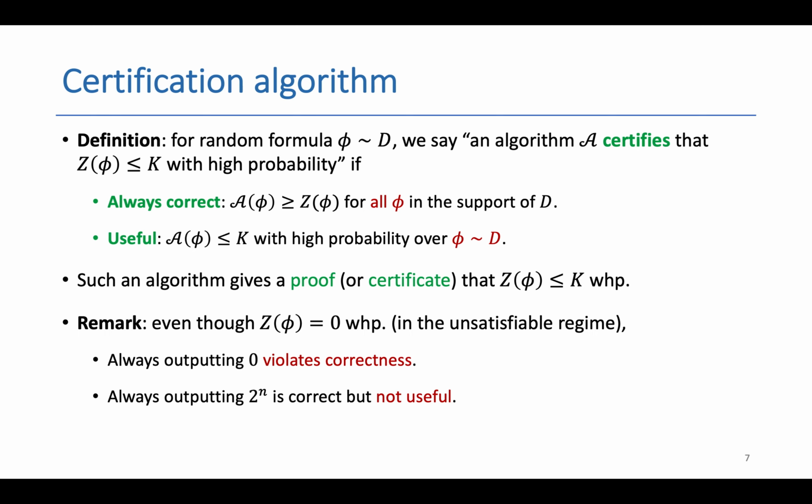Always outputting 0 actually violates correctness, because if I feed it a formula which has a satisfying assignment, then it has at least one solution, and 0 is an incorrect upper bound. On the other hand, if you always output 2 to the n, yes, you are giving a correct upper bound, but you're not saying anything useful about the satisfying assignments. You're not saying anything about the structure.